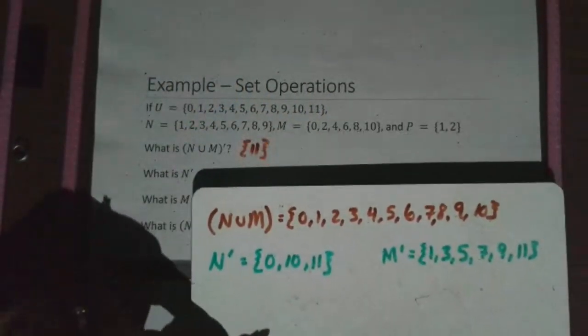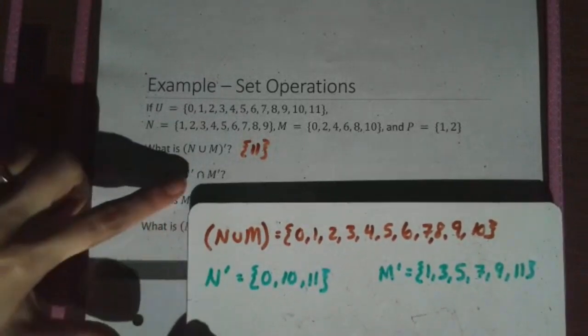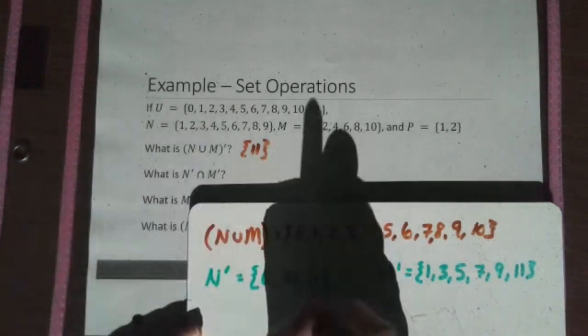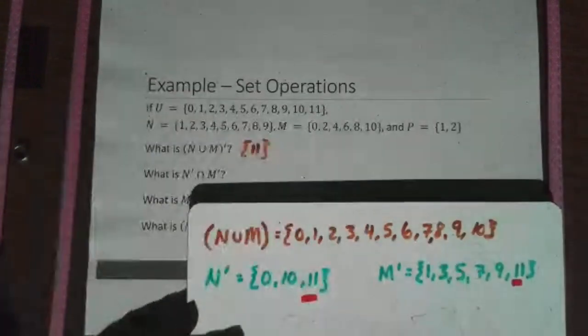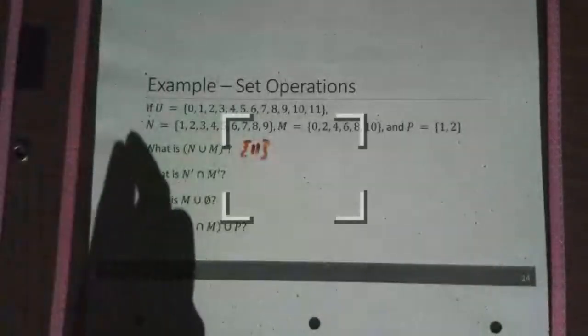Now that I have N complement and M complement, I want to find the intersection. Remember, intersection is what they have in common. So what is common between two lists is just 11. That's the only element that they have in common. So our answer is just the element 11.